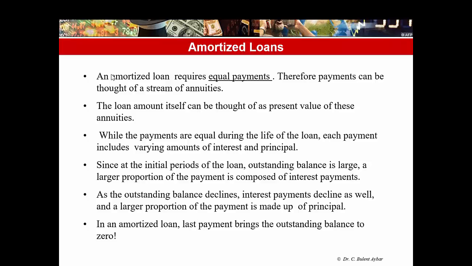But as the outstanding balance declines, interest payments decline, and a larger proportion of the payment is composed of principal payments. In an amortized loan, the last payment should bring the outstanding balance to zero. Let's explore this concept of amortized loans through an example.